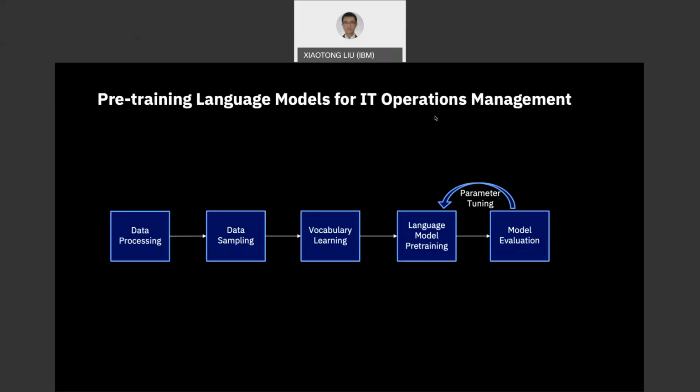Next, we randomly sample data from each data source and use the data samples to learn the vocabulary of the IT operations domain. After that, we pre-train the language model using the sample data and tune the parameters based on model evaluation.